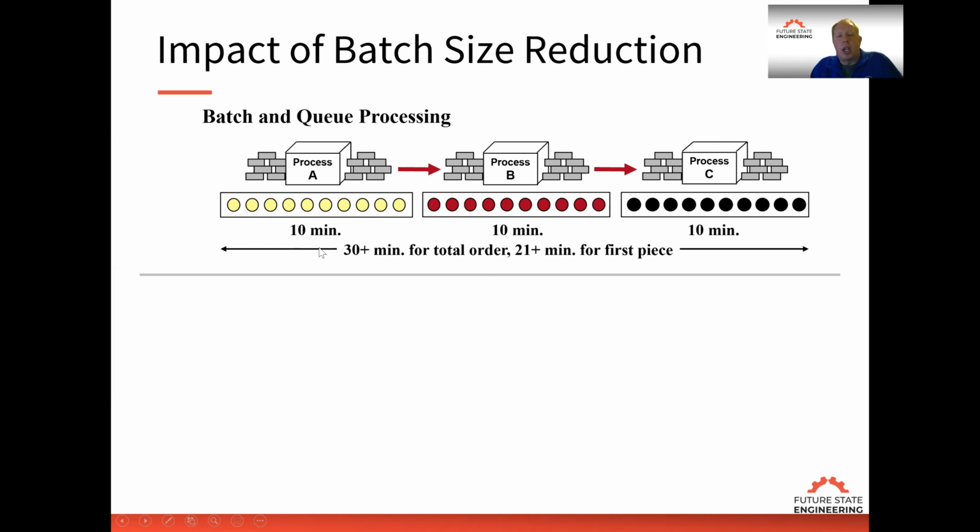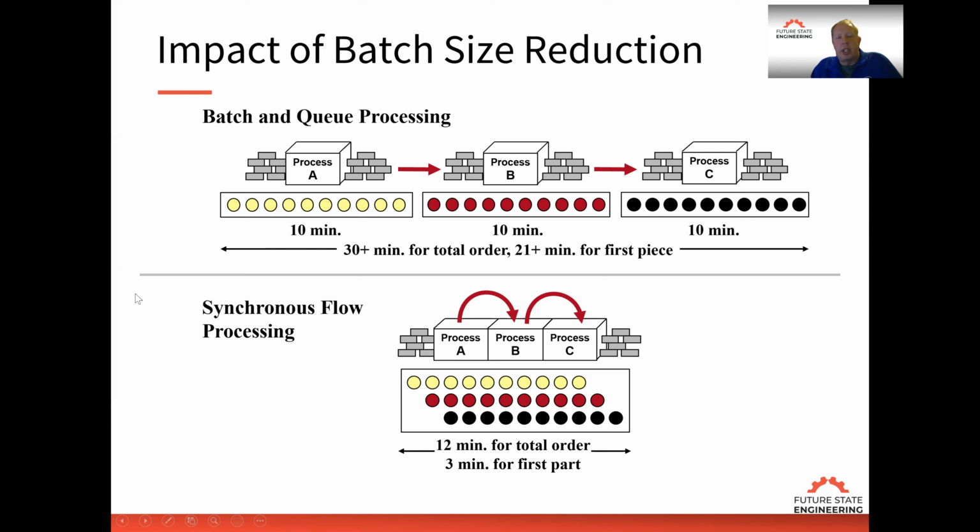So the total time to complete the whole order is 30 minutes. That's without any setup time between processes. And then our first piece comes off after 21 minutes. We got 10 minutes on A, 10 minutes on B, and then the first good piece comes off after 1 minute on process C, after 21 minutes.